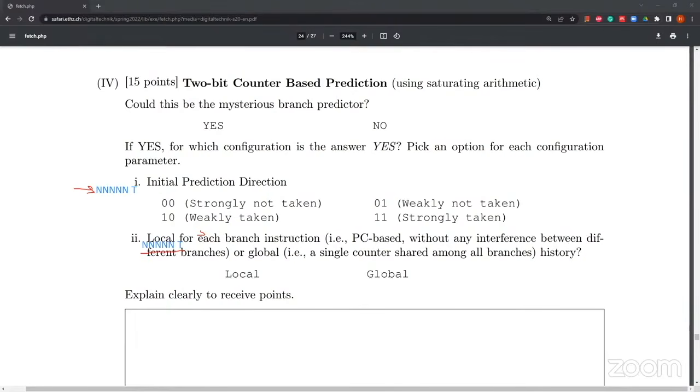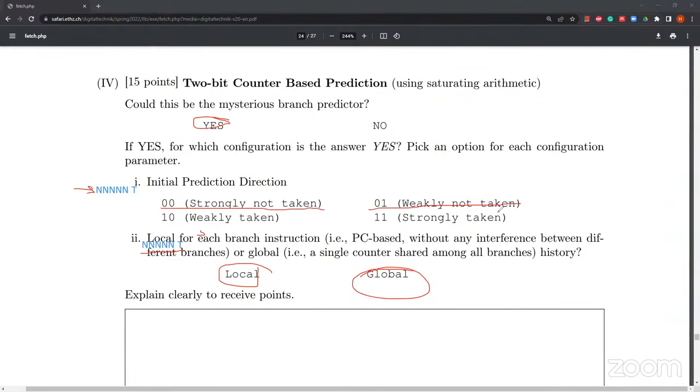Okay, so here are some configurations that result in 6 mispredictions. Based on the solution that we provided for this question, local or global doesn't matter, and these 2 cases where we start from strongly not taken or weakly not taken, all result in exactly 6 mispredictions.